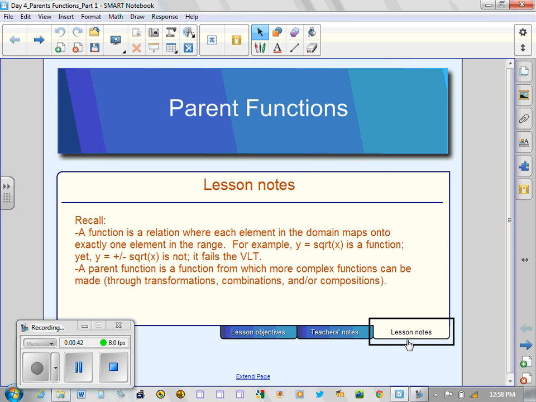Before we get into this, I want you to recall that a function is a relation where each element in the domain maps onto exactly one element in the range.